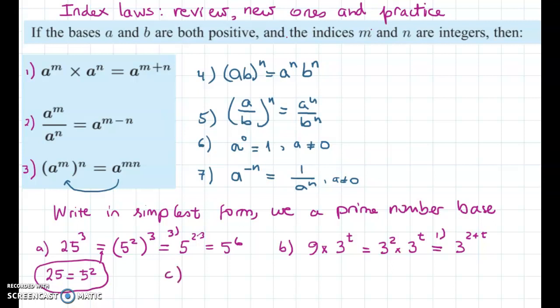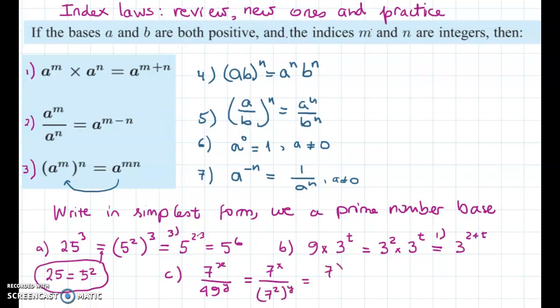For the last example, let's say that we have 7 to the power of x divided by 49 to the power of y. Again, because we want a prime number base, I'm going to write the denominator as 7 squared to the power of y.